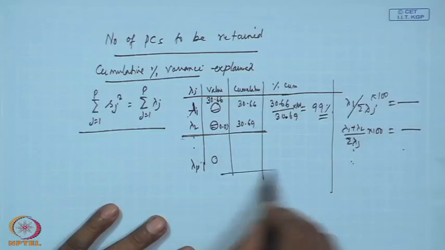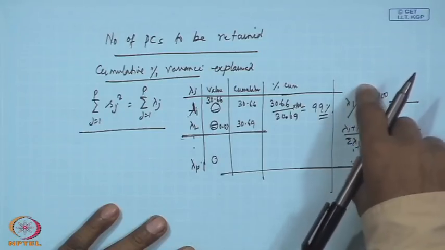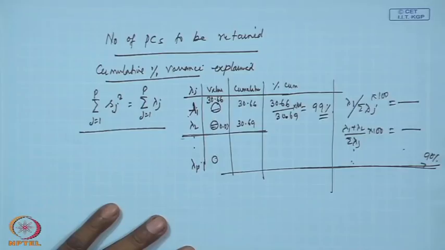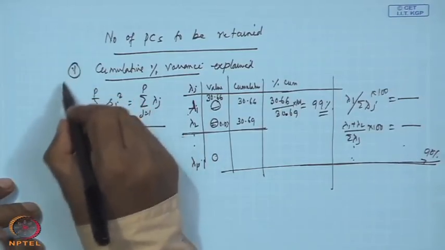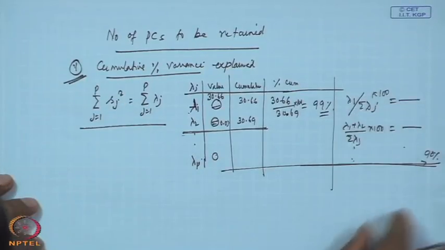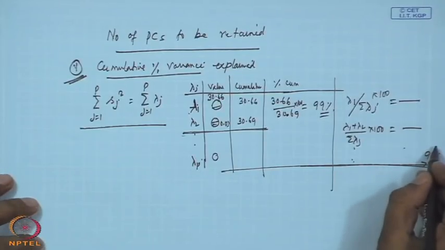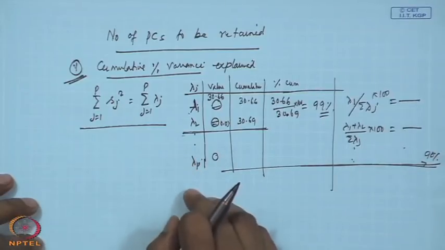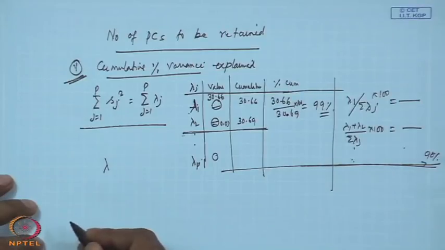Then you put a cutoff; let my cutoff be 90%. Those many lambda components you keep, that is the cumulative percentage of total variance explained. This is the first criterion you can use. In this criterion, in order to explain 90% of the total variability of x, you may take some of the principal components.